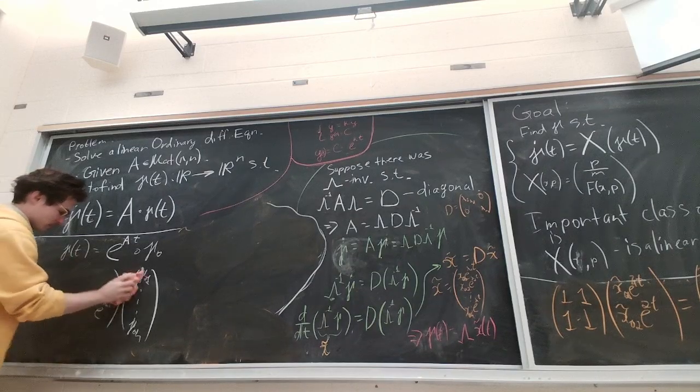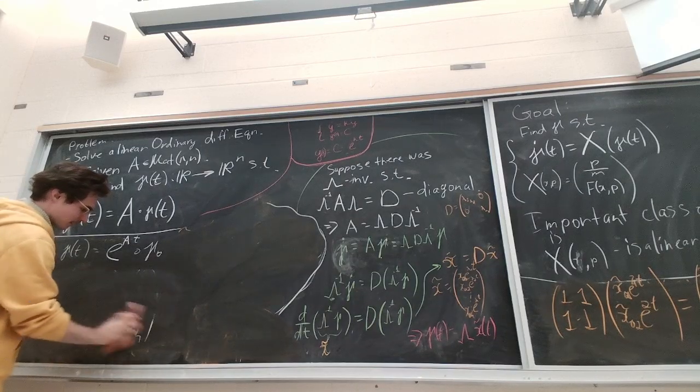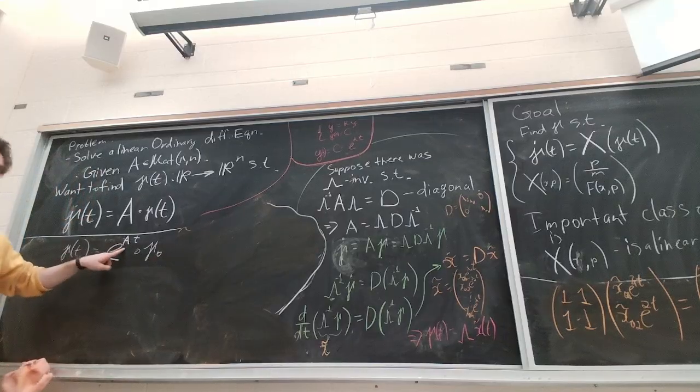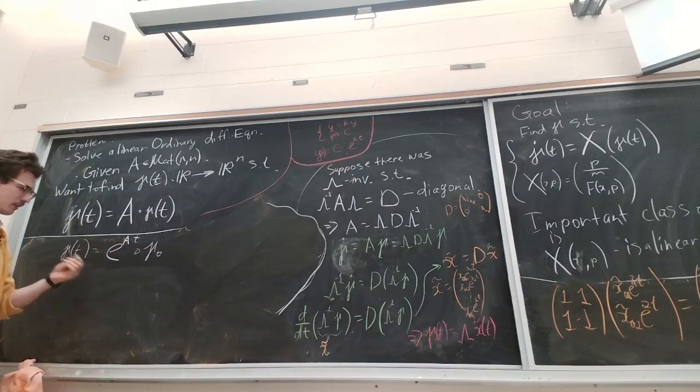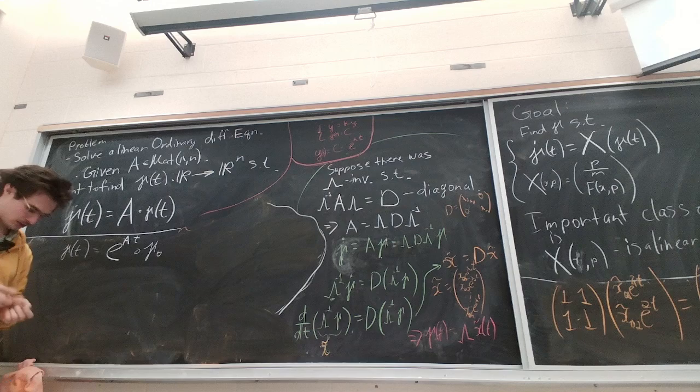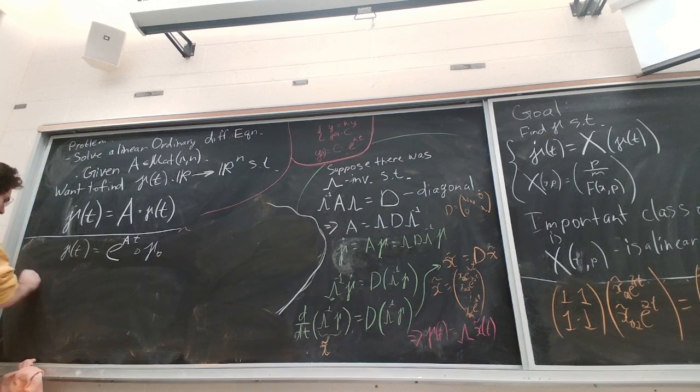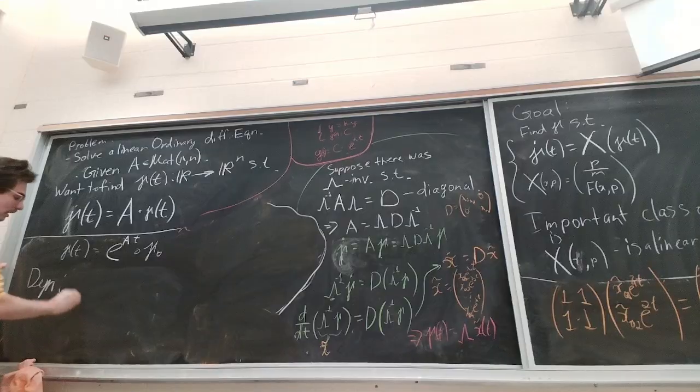I'll just tell you. We saw that this is the answer if A was diagonal, but maybe if A is not diagonal, I can still write down something similar. So here's where I give a definition, the matrix exponential.